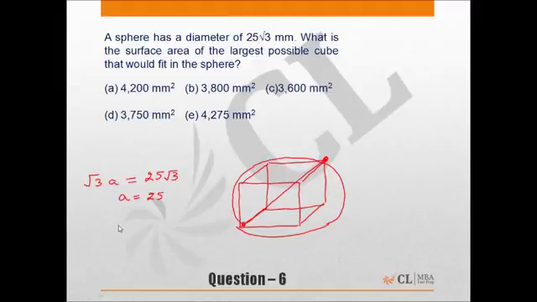And we need to find out the surface area of that cube, which will be equal to 6a square. So it will be 6 into 25 square, that is 625, and 6 into 625 is going to be 3750. Hence my answer will be option D. Okay, next question.